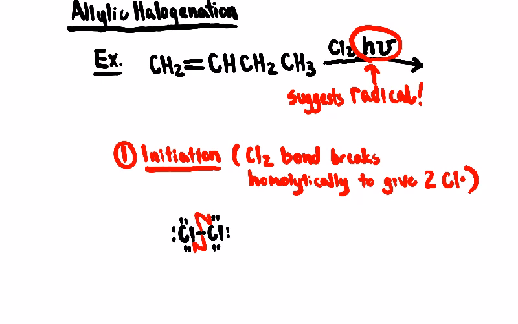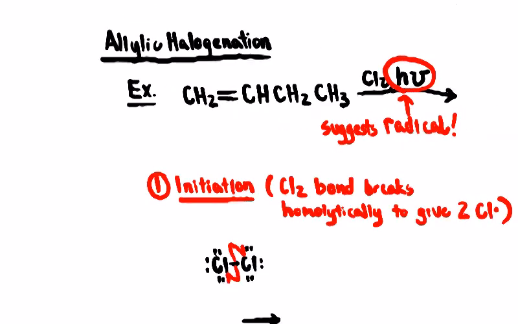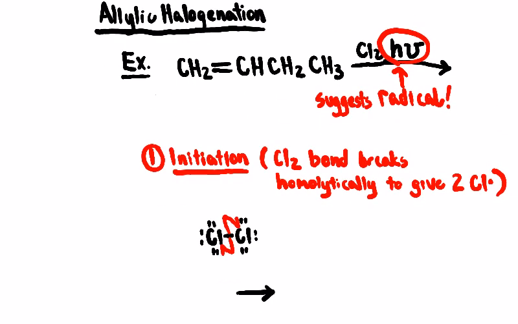And that's going to give us our intermediate that will result from this step, where our intermediate represents 2 chlorine radicals. I'm going to show that radical electron in red here for emphasis, because that's going to be the business portion of the molecule.